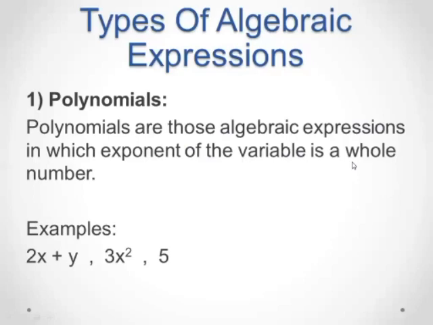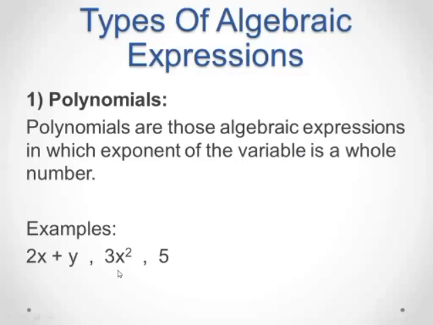That is, we can call them that exponent of the variable is a whole number. Some examples are given over here. The first one, 2x plus y. This is a polynomial. We can see the power of the variable in both the cases x and y is 1, which is included in whole numbers.